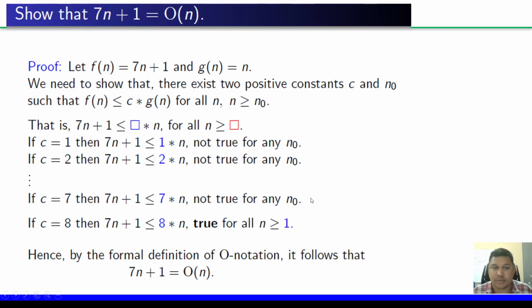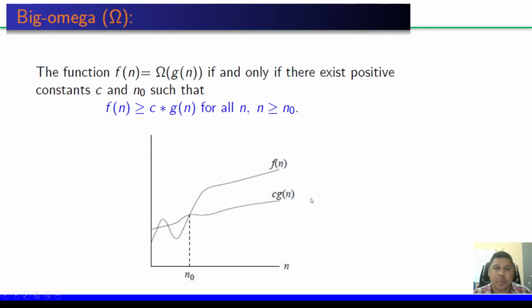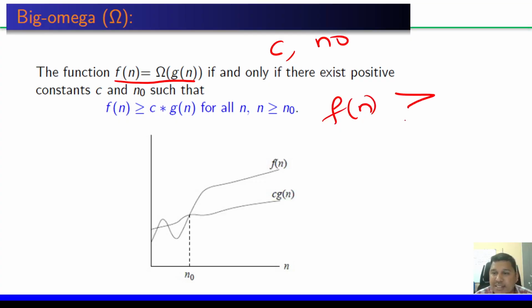Let's see the next one. Big omega. What is big omega function? You can write f of n equal to big omega of g of n if and only if there exist constants c and n naught such that f of n is always greater than or equal to c into g of n.